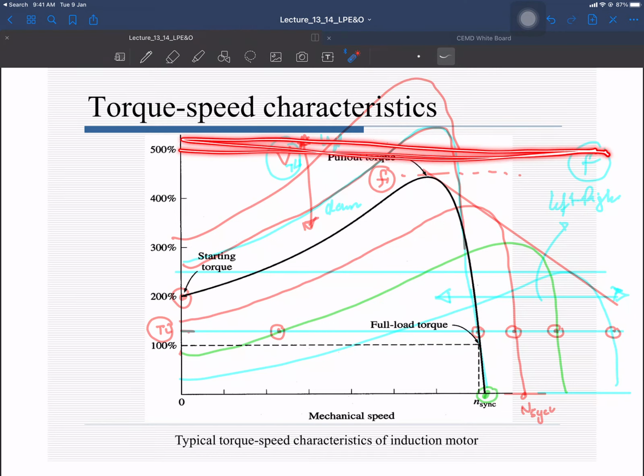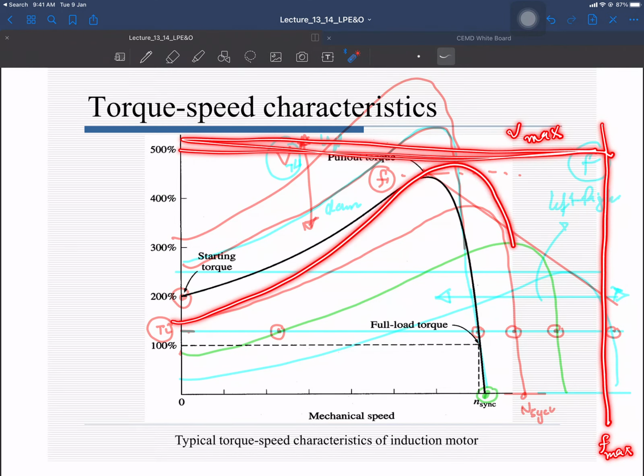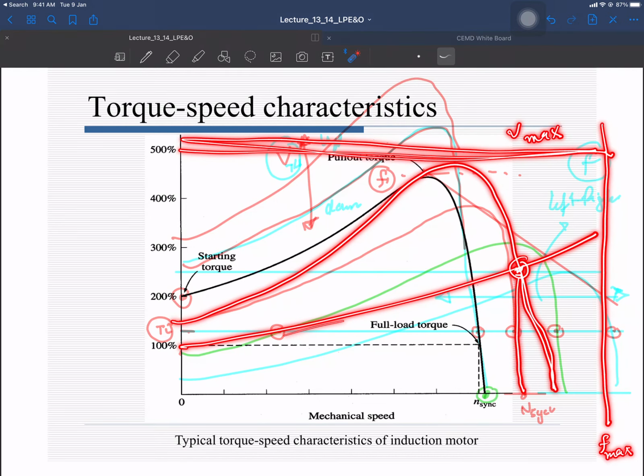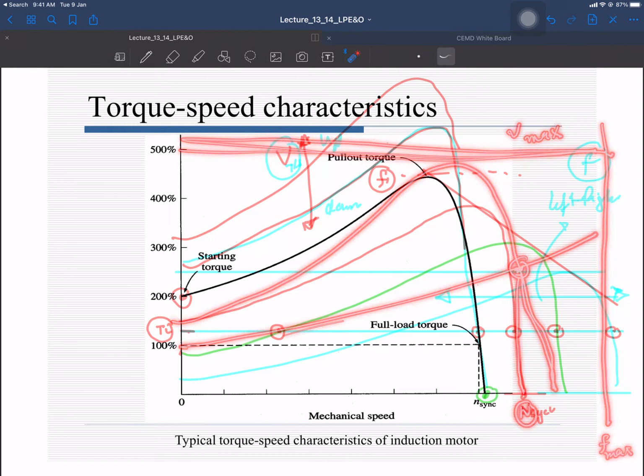And our torque must not go beyond that one, and this is the upper limit of the frequency, f max, and we have V max over here. So we will be controlling the voltage and the frequency in such a way that our torque speed curves are in this region, and the point of intersection is our desired point that we want to run our machine at, let's suppose at this speed with this particular torque.